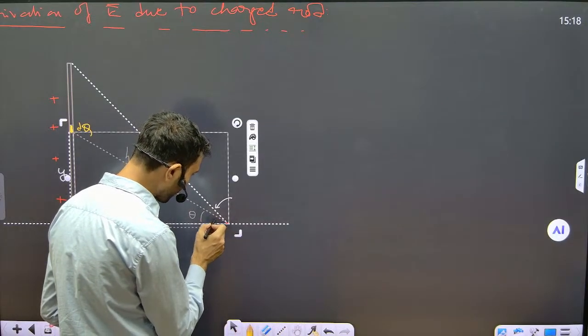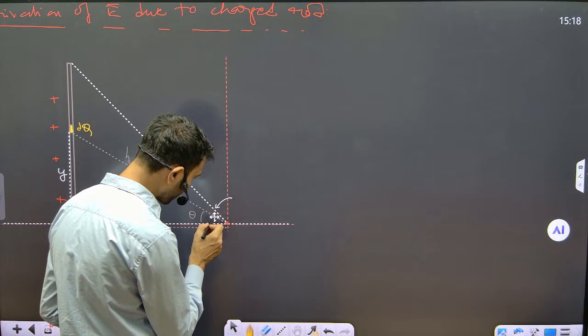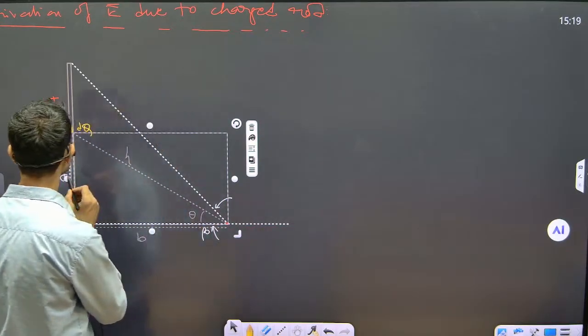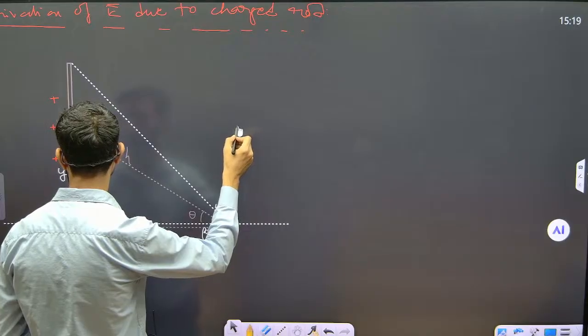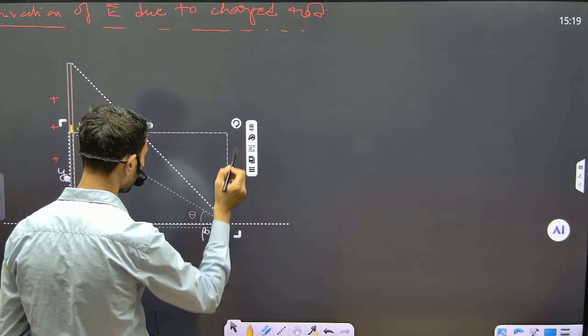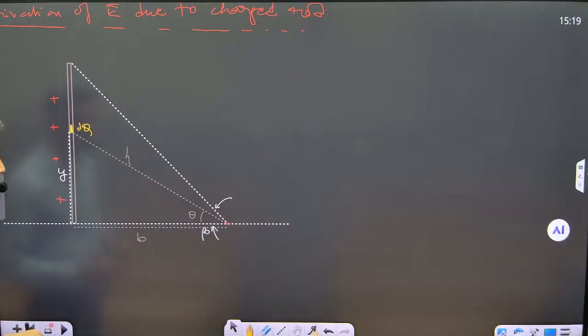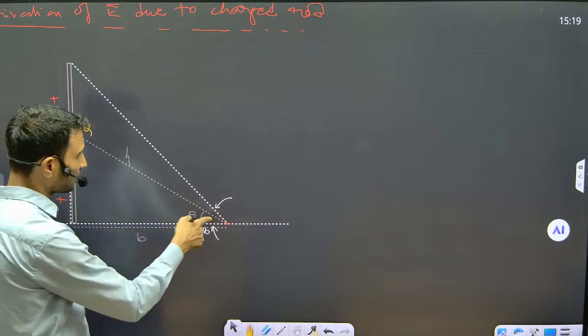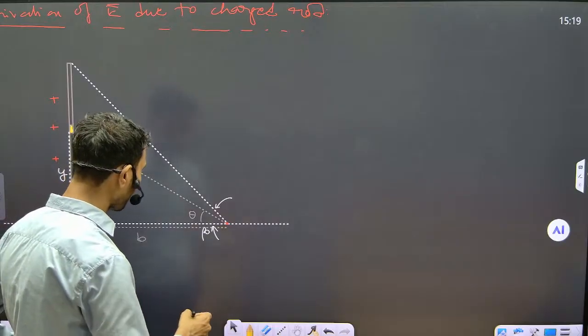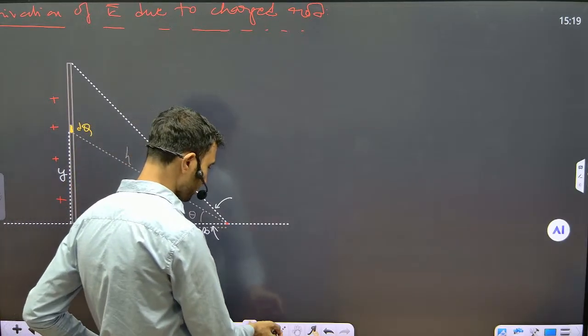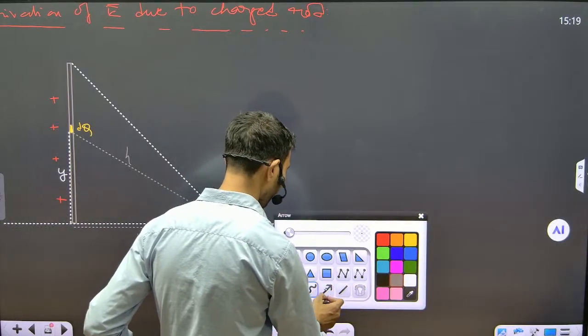So because of that, there will be some electric field at that point. The best part is I can make any corrections at any point. That's the best part about it. Let us write the electric field at this point due to this charge, and of course the electric field will be in this direction.